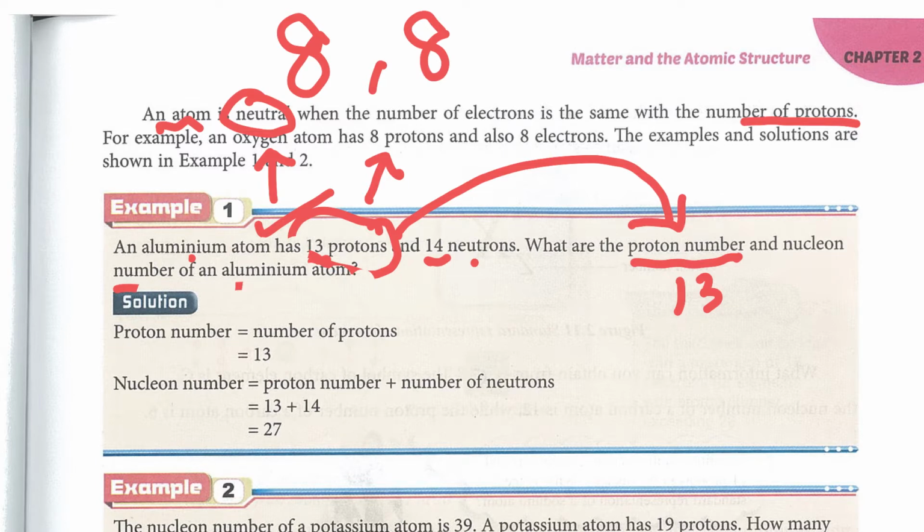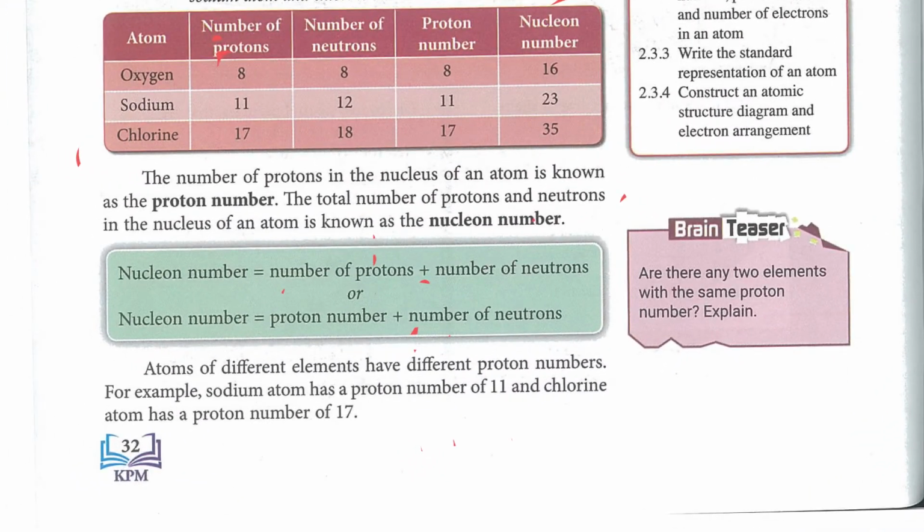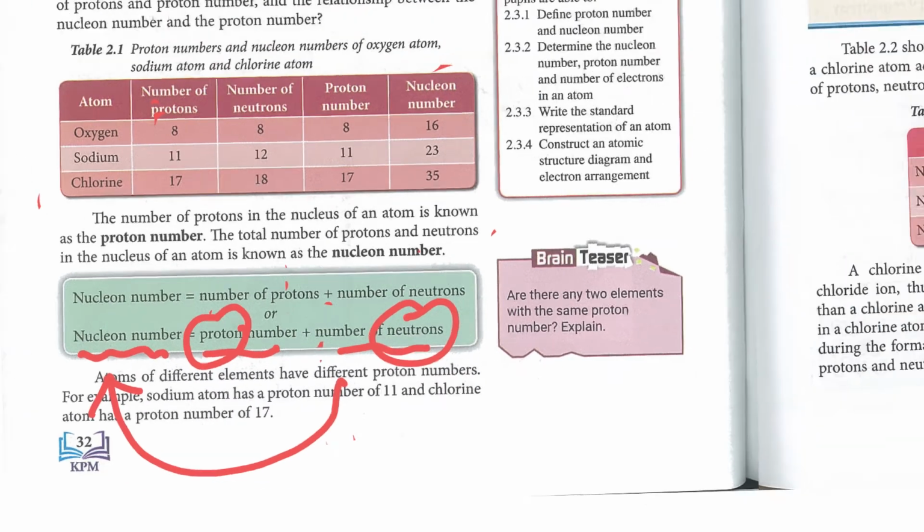The question asks you to find nucleon number. As you can see in your textbook previously, the nucleon number formula is stated like this: nucleon number is equal to number of protons plus number of neutrons. So as long as you see proton and you have a neutron, then you will be able to find nucleon number.